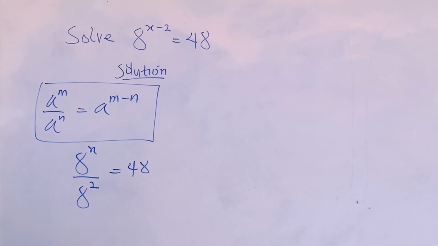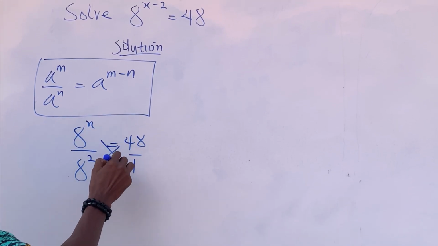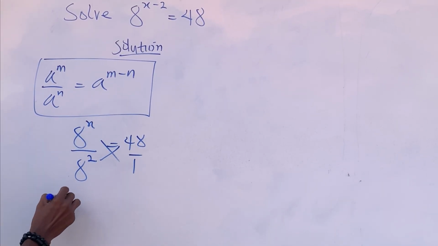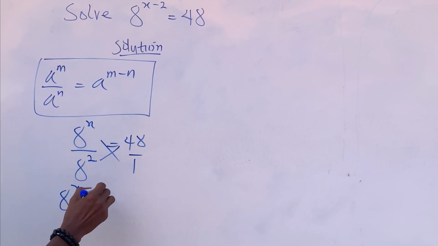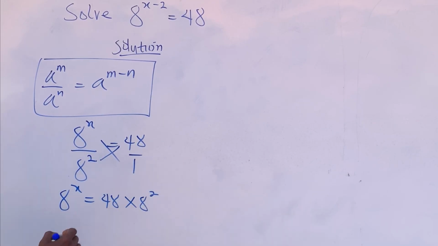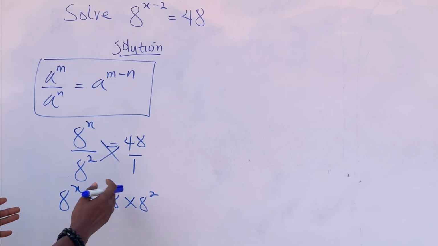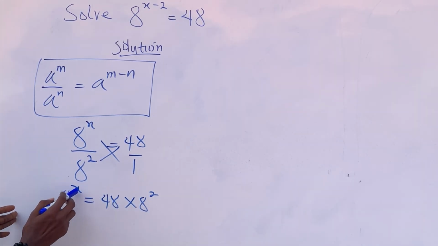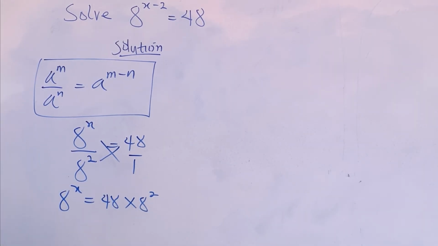From here now we can cross multiply so that 8 raised to power x will be equal to 48 multiplied by 8 raised to power 2. Now, we can introduce logarithms to both sides so that logarithm can allow us bring this x down, and then we'll start looking for a way to isolate it.